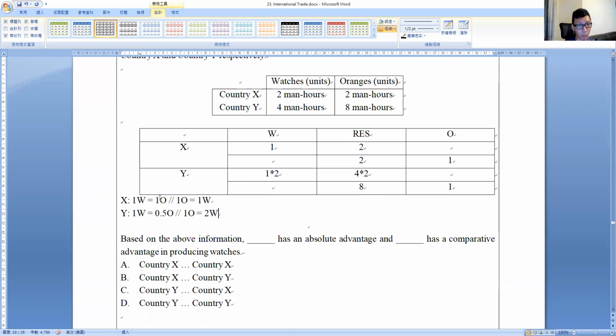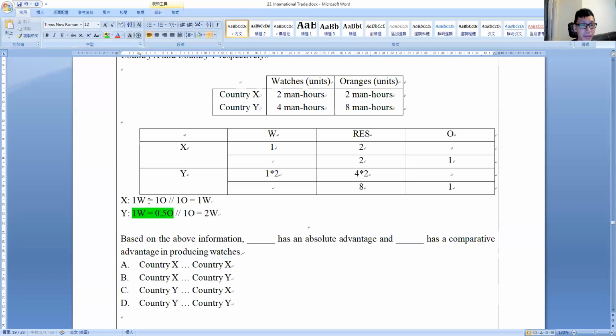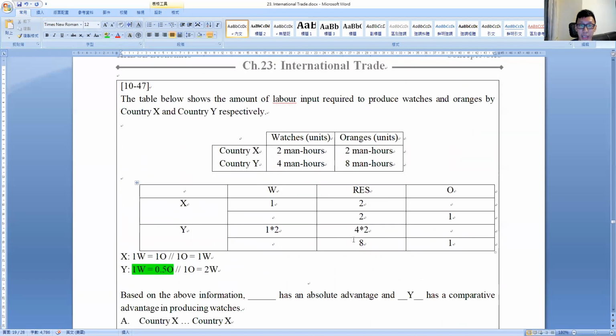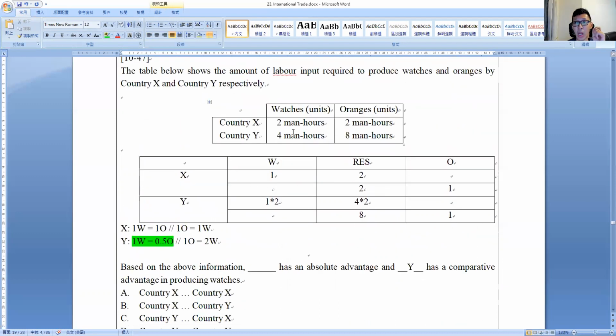Okay, so many O's and W's, it's messy. So we see, in producing watches, since the question only asks about watches, who would have a comparative advantage? Y has a comparative advantage. Now, what about absolute advantage? Remember, if you can use fewer resources to produce the same amount, then you have an absolute advantage.